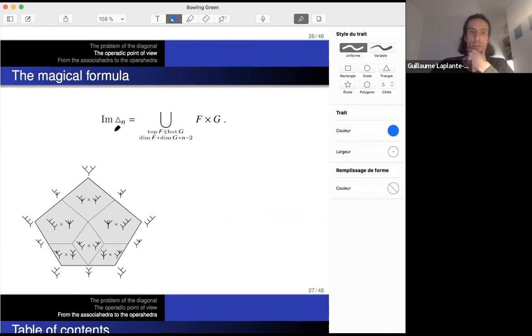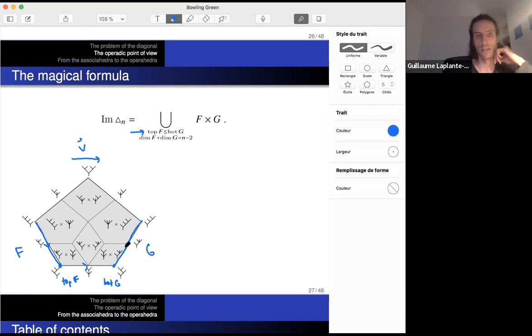It says that the image of the approximation of the diagonal is the union over the pairs of faces F and G which satisfy the following: top of F is less than or equal to bottom of G. So here, let's take this orientation vector for the associahedron, and let's say that this will be F and this will be G. According to this orientation vector, you'll have here top F, and here bottom G. And since they are comparable under this order on the one-skeleton, (F, G) is in the diagonal.